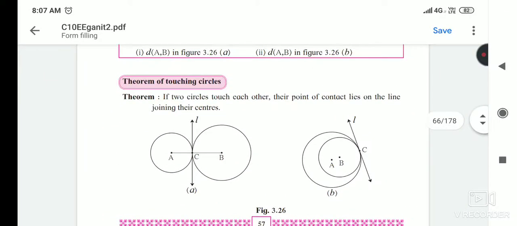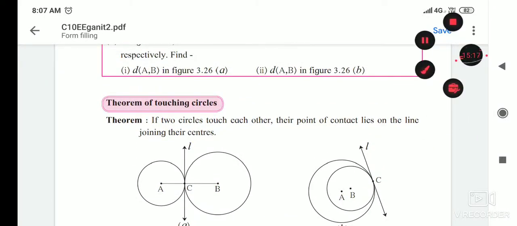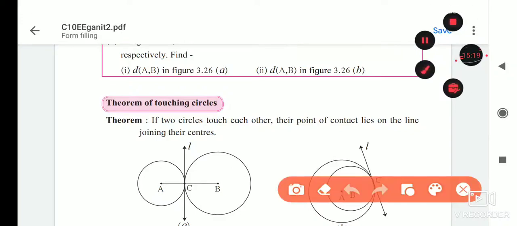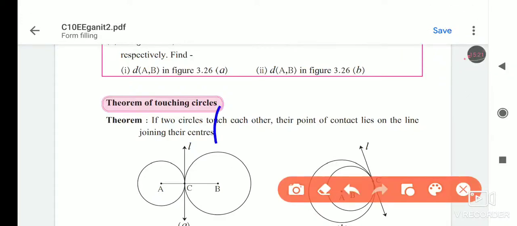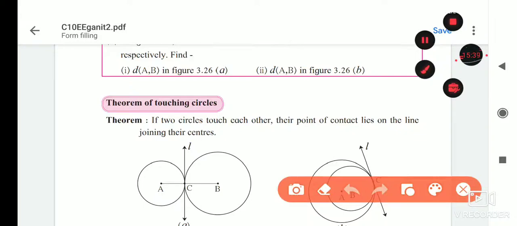Theorem of touching circles. So what they told you, see here, the distance of AB is how much? The radius AC is what they told you, 3 centimeters.